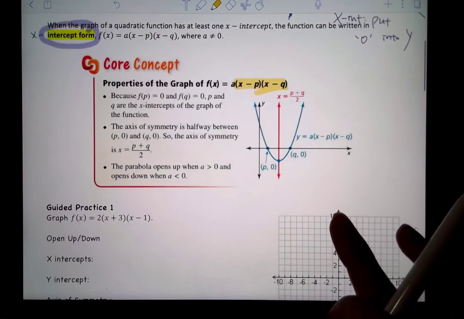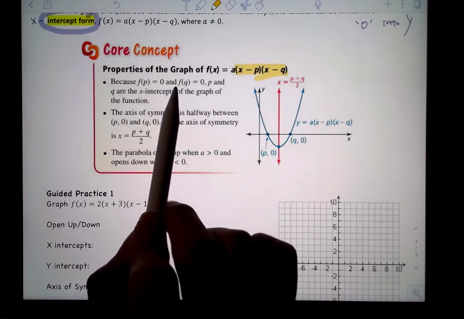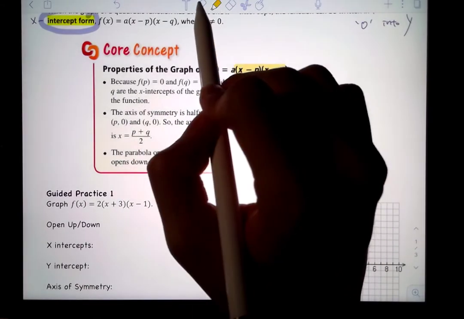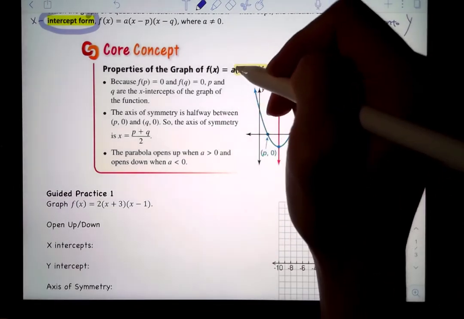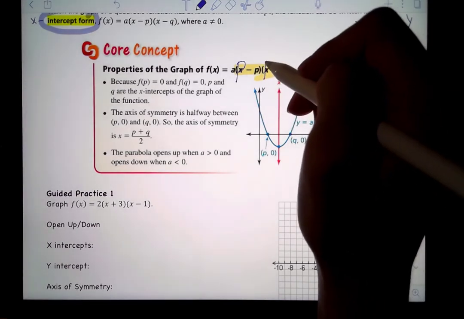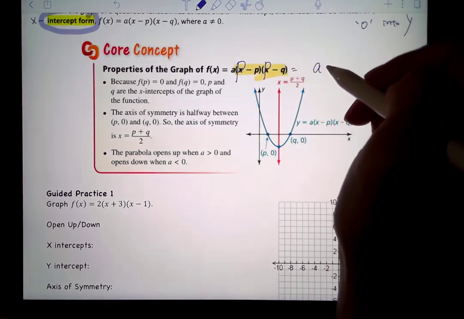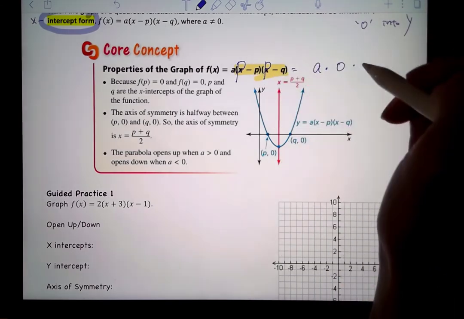Alright, so here are the properties. Because f(p) and f(q) equal 0, think about it. If I put p into x, then you get a times (p minus p), which is 0, times (p minus q).